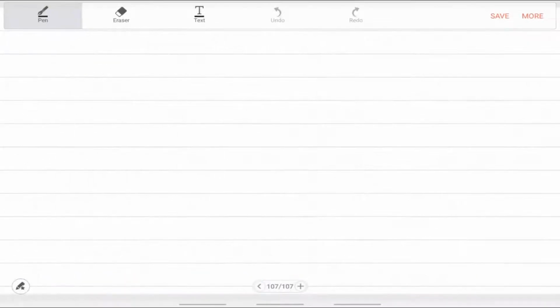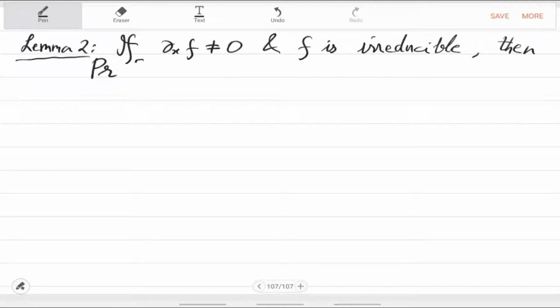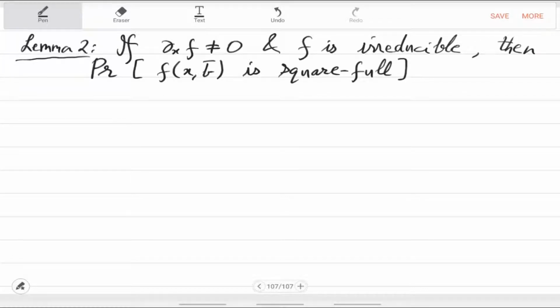In that direction, the next lemma that we will do is as follows. If the derivative of f is non-zero and f is irreducible, then if you randomly evaluate f, the probability that it is square full is small.